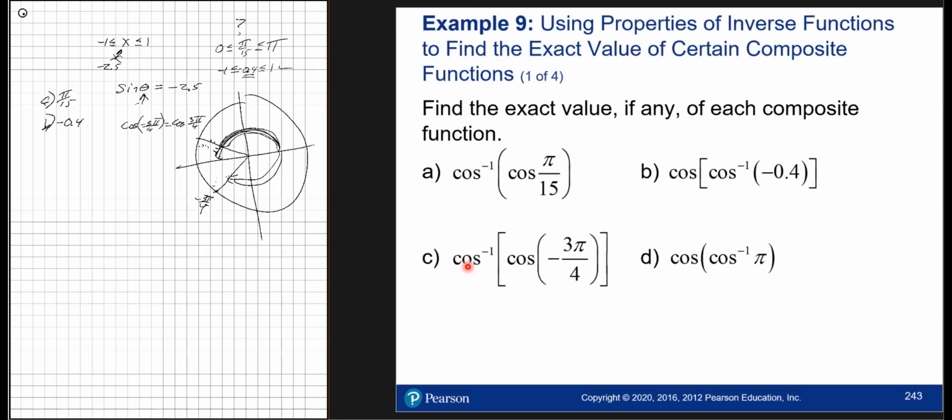So that means the domain is between -1 and 1. So (x plus 1) divided by 2 has to be between -1 and 1 for us to be able to use it.